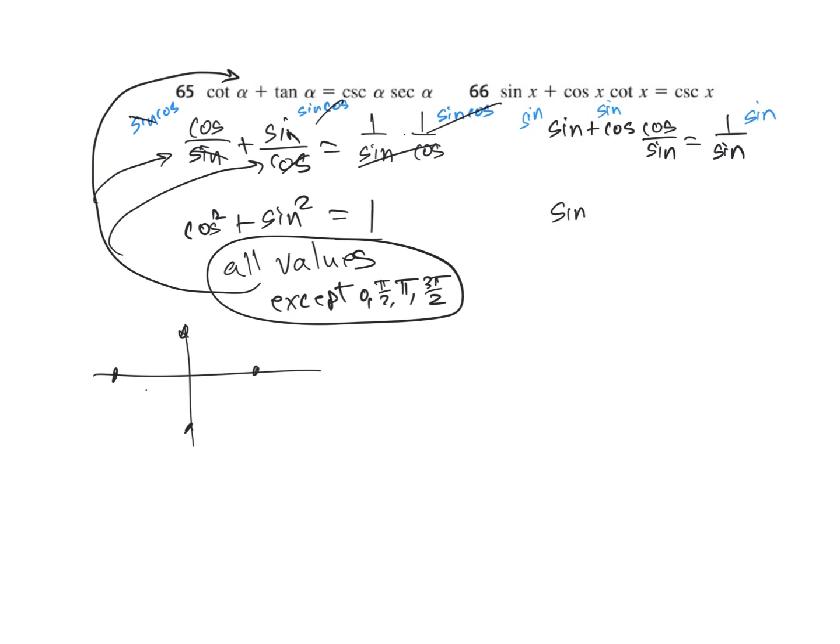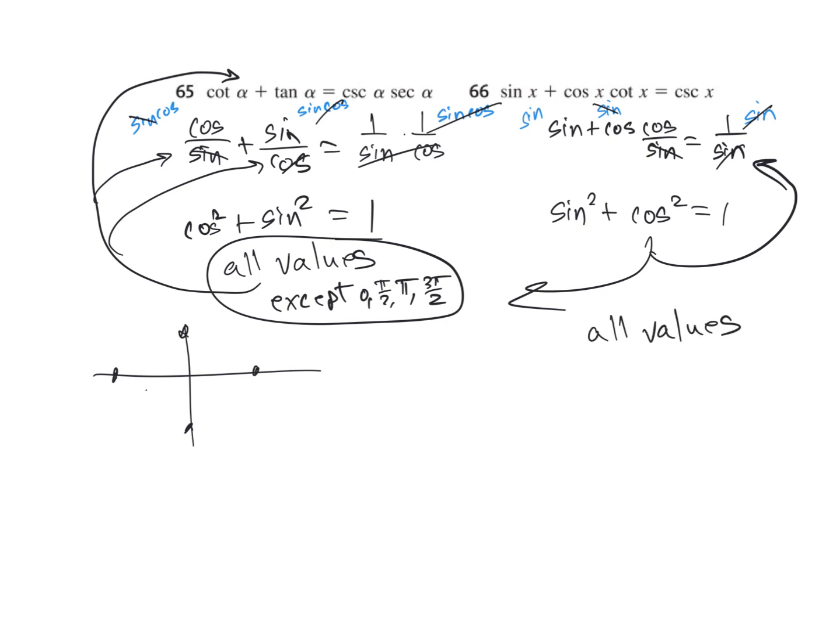We get sine squared plus cosine squared equals 1. And it's the same thing as what we had over here, except we're only dealing with the sine in the denominator. So it's all values, all pi values, except where is y equal to 0? Because you can't have y in your denominator, 0 in your denominator. So y is 0 at 0 and pi.